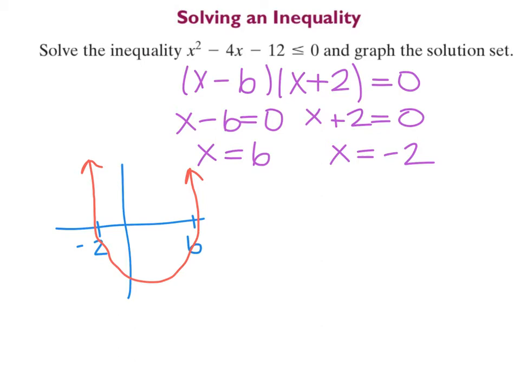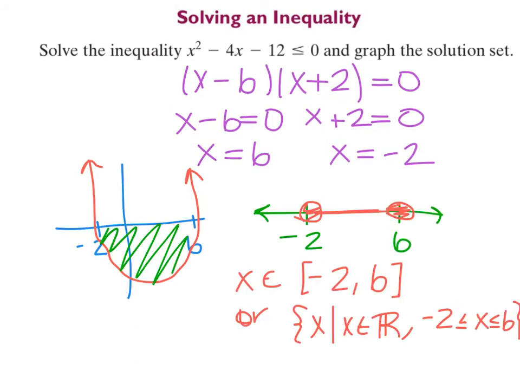So that means that my function is going to exist, or the x values that will make this true are going to exist between negative 2 and 6 inclusive. So we would write it just like we would domain, so either in interval notation or set builder notation.